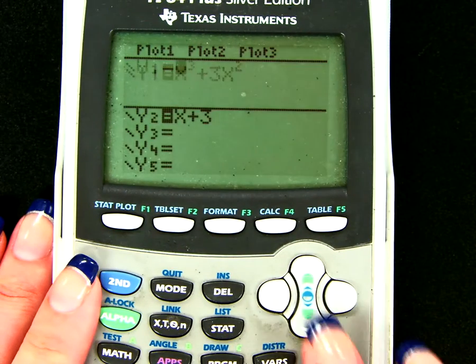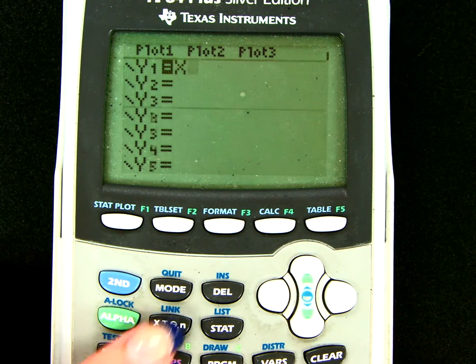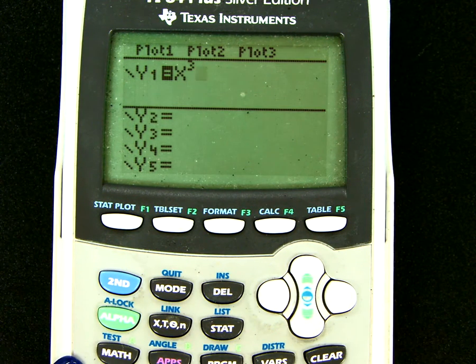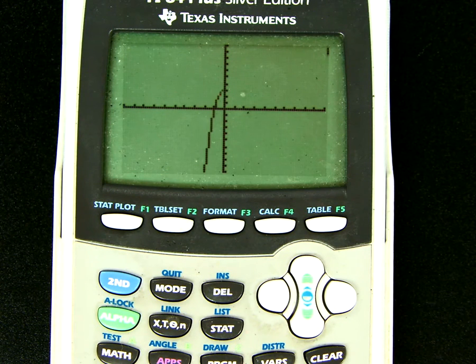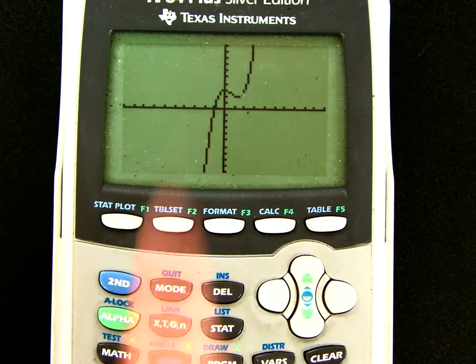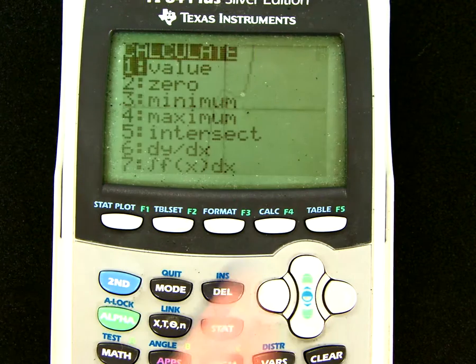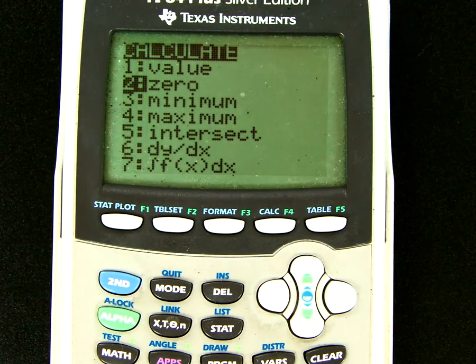I'm going to clear the equations that are there. And then in y1, we're going to type in x cubed minus 2x squared plus 3. And then graph, since I already know that I'm in a standard window. All right, so looking at this, we only have 1 zero to find. So to figure that out, we're going to go to our calc menu, so second trace. This time we are finding a zero, so I'm going to arrow down to the second option.